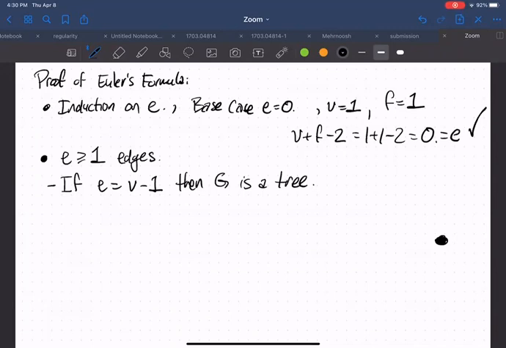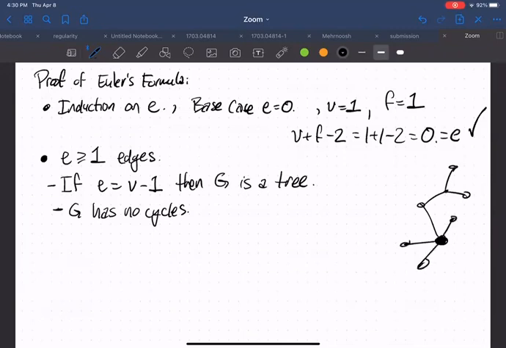Now, remember, that means that G has no cycles. Why is that relevant? So the graph we're looking at in this case, some nice thing like this, it's a tree. It has no cycles.